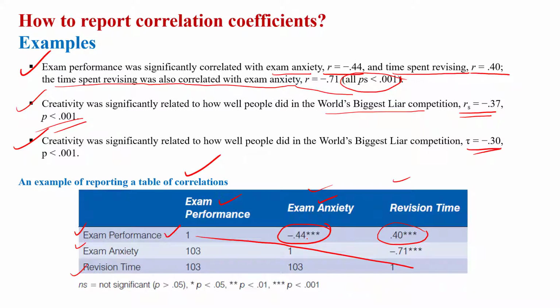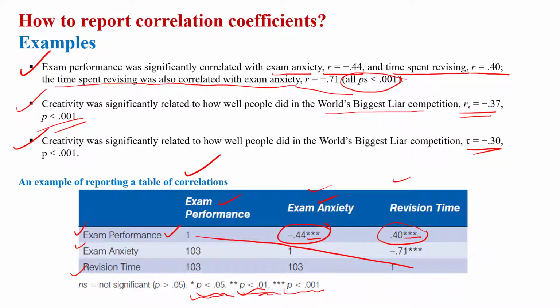These three stars indicate that the p-values are less than 1%. If there are two stars, you can say it is less than 5%. This is how you can tell whether it's a significant relationship or not.